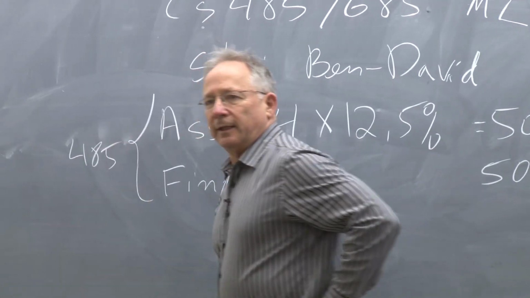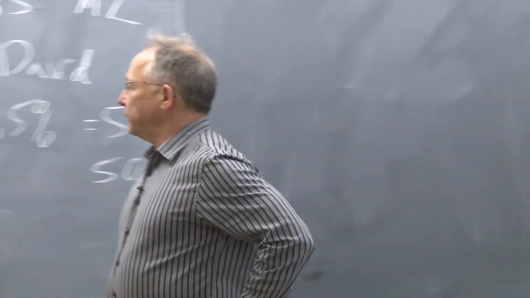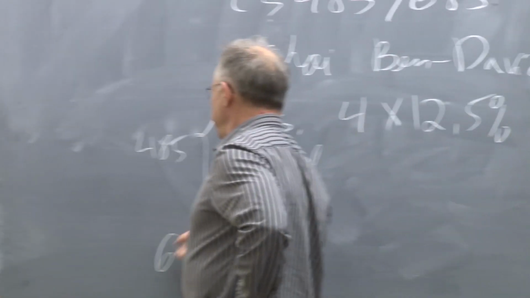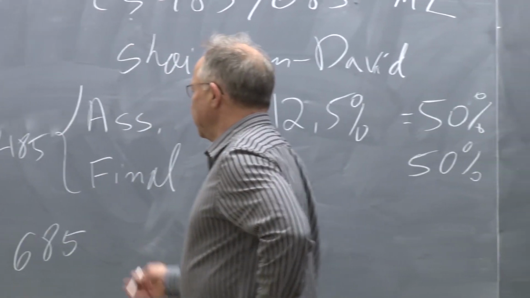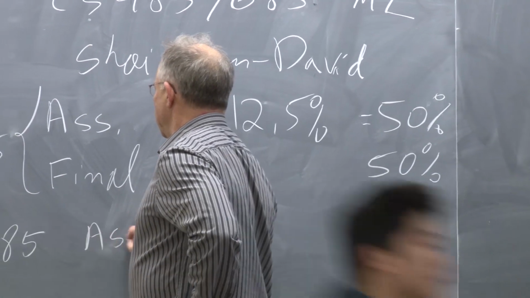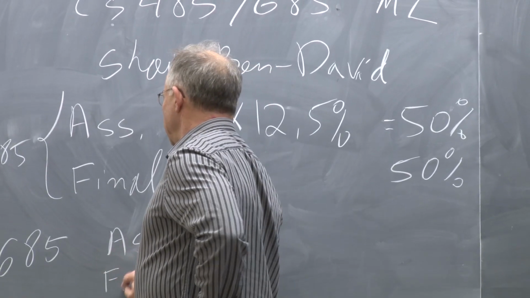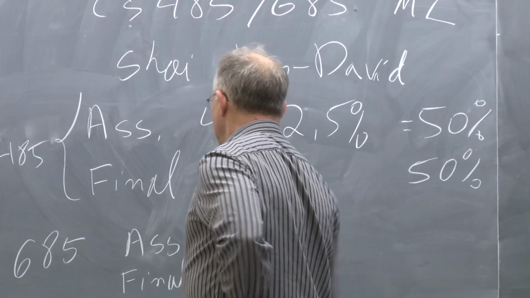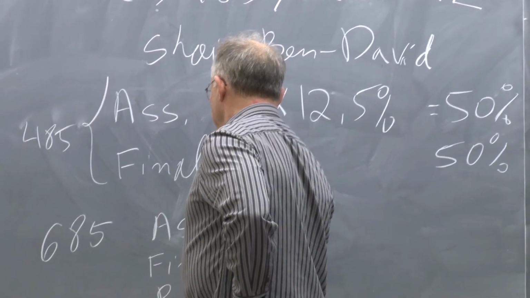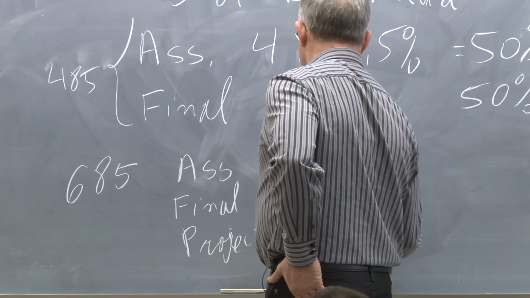Do we have here any grad students that take it for credit as grad students? Okay. For grad students, for the 685, the composition will be a little bit different. The assignments will be only 30%. The final will be 40%. And there will be a project for 30%.